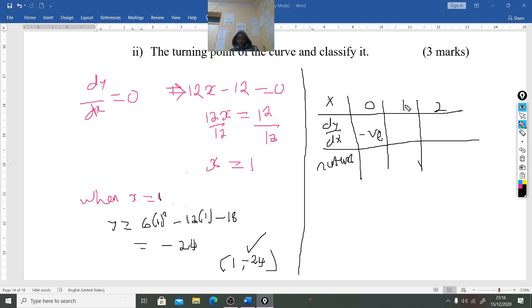If it is 1, then 1 times 12 is 12, 12 minus 12 is 0. So when it's 1, it is 0. And when it is 2, it is 24 minus 12, which is positive 12. So it is positive. Then we can define the nature. Negative, the line should be moving that way.